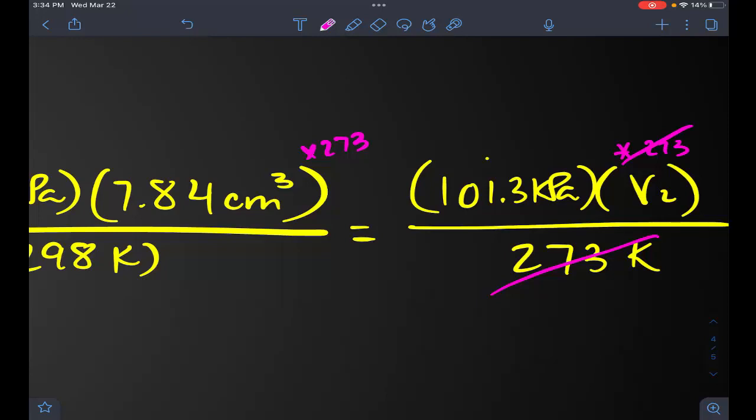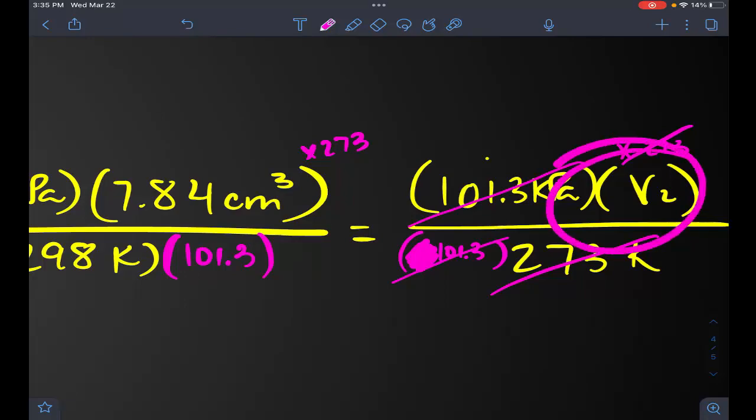And then for the 101.3, because it's multiplied by V2, I'm going to divide by it. Divide by 101.3. So over here on the bottom, I'm going to put that 101.3. You don't have to put the divided sign if you put it on the bottom. Okay, so all that's left on the right-hand side is V2.